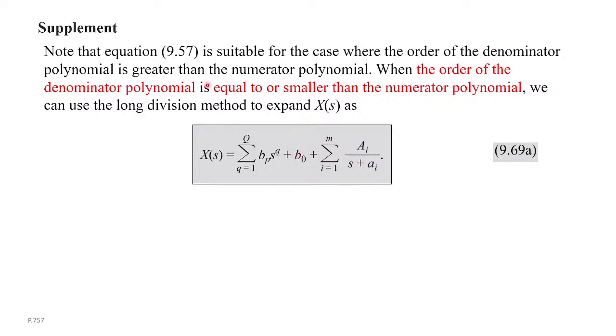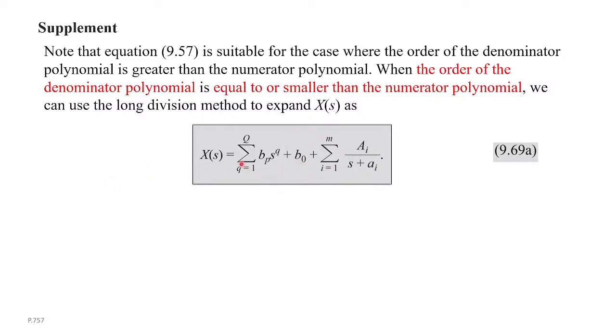In that case, you need to do the division first to get, oh, that's not the remainder, sorry, that's only the quotient. So anyway, you need to do the division first and get those terms, and then you are left with something you can actually do partial fraction expansion on.